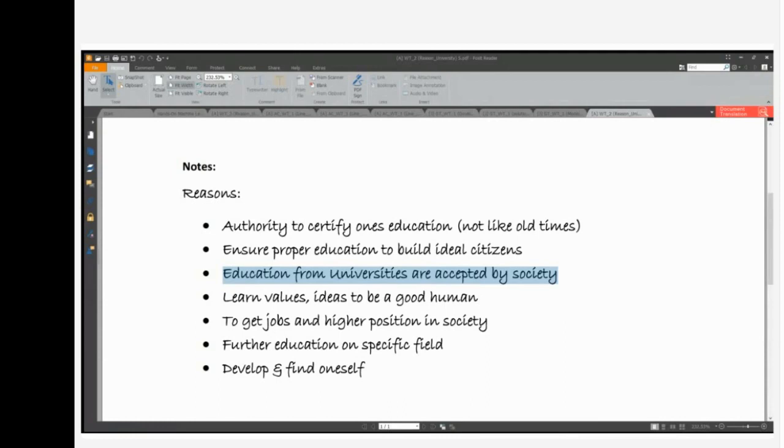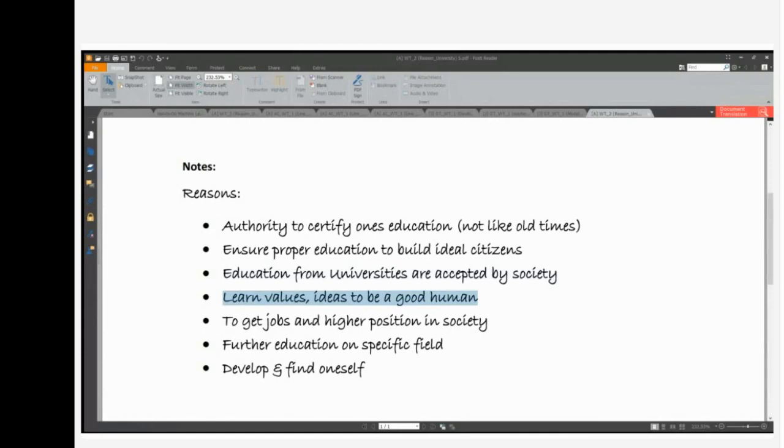Another thing that we can write is that in colleges and universities, we learn values, we learn ideas to be a good human. So this can be one particular feature that we can describe in our essay.